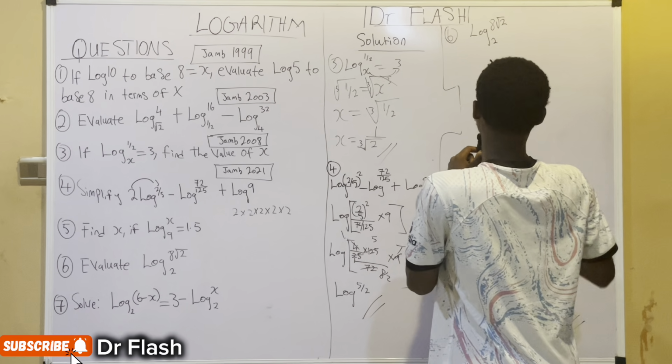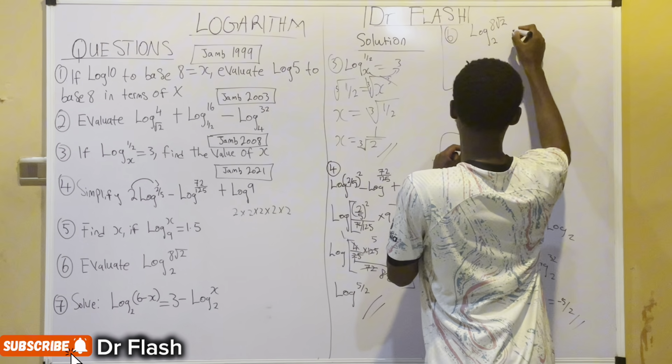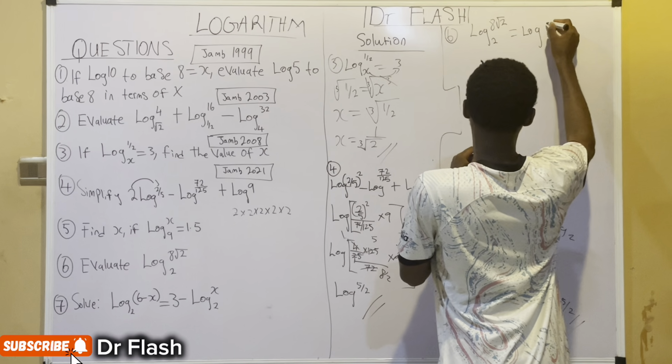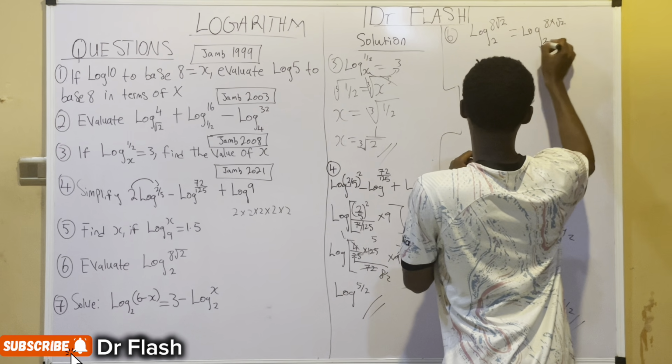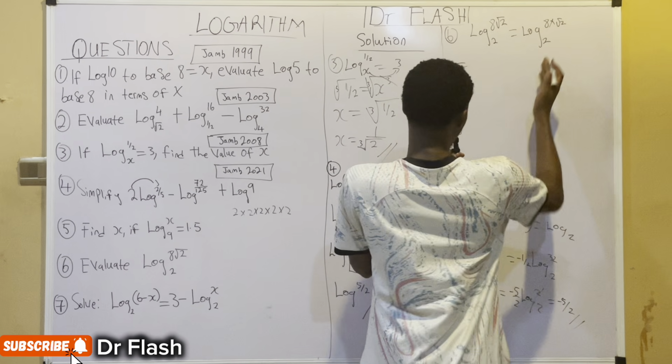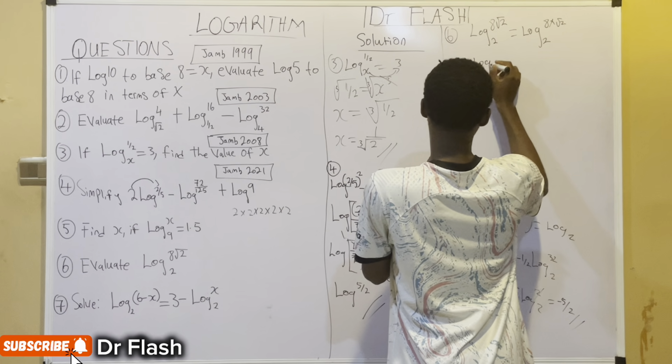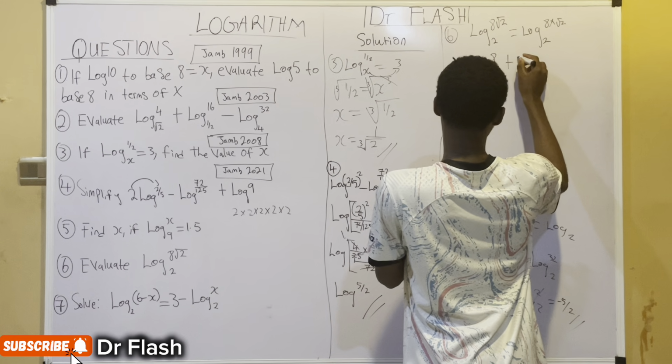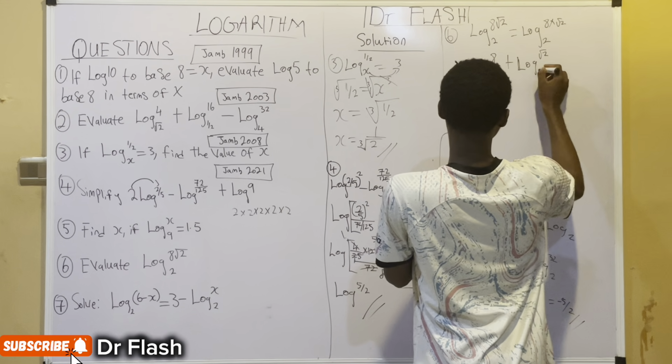How then are we going to do that? Remember, 8 root 2 is 8 times root 2, so we can write it as log of 8 times root 2 base 2. Applying law 1 of logarithm, we can split this. So we have log 8 base 2 plus log root 2 base 2.